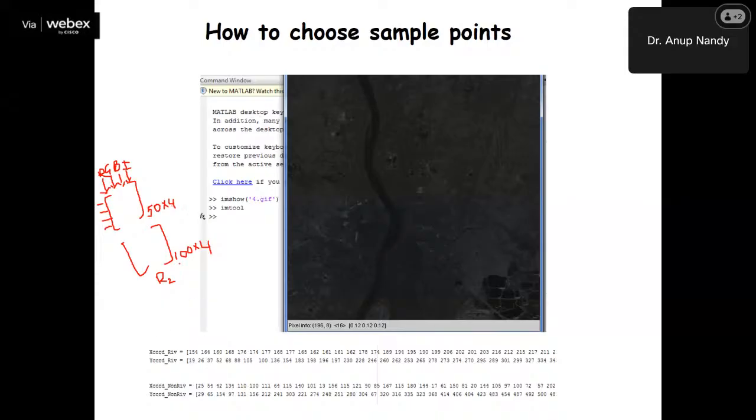Similarly, I get 100 sample points for each image, each band. This is how you have to calculate it.